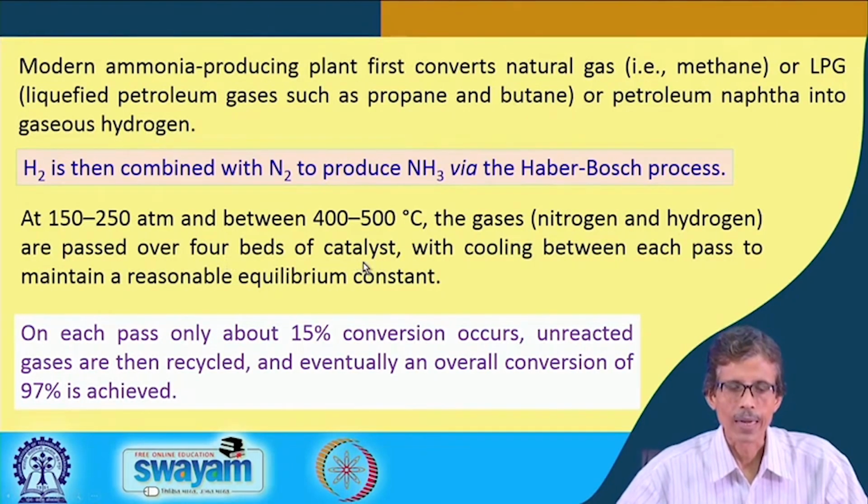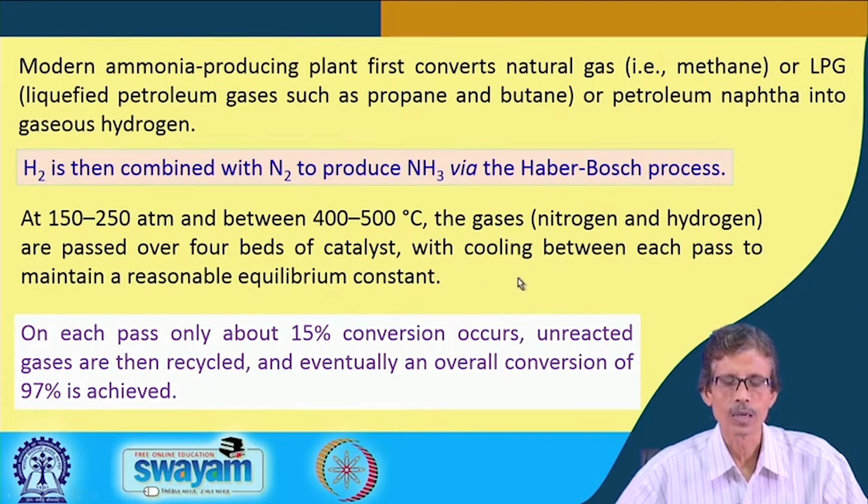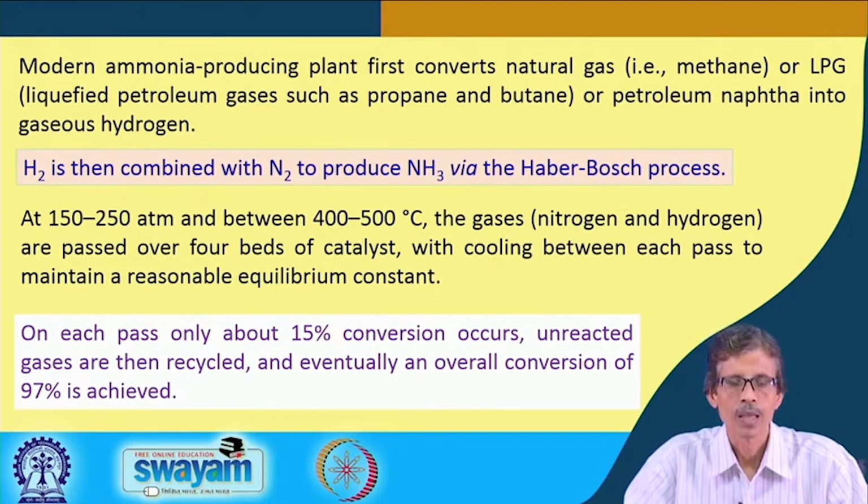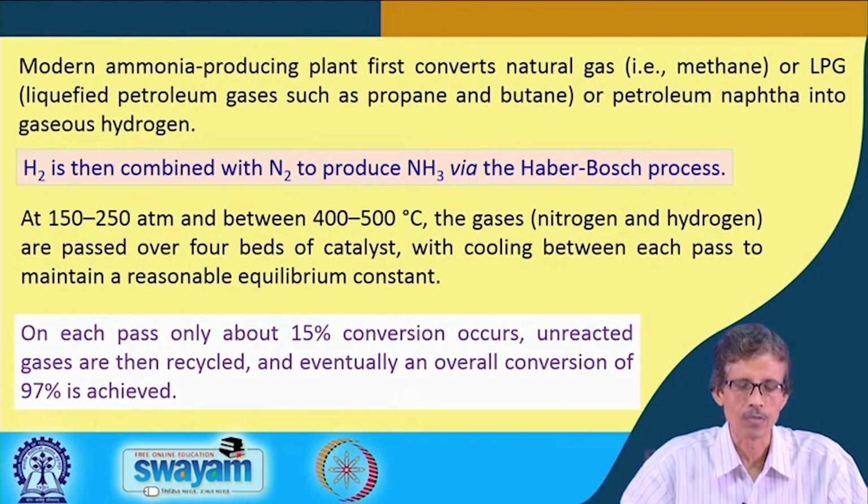Catalysts are very useful for the conversion of these gaseous reactions, with cooling between each pass to maintain a reasonable equilibrium constant, such that it is favorable and a large amount of ammonia can be produced, and the conversion rate should be very high.